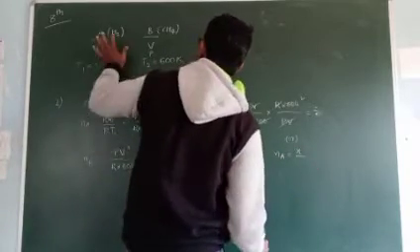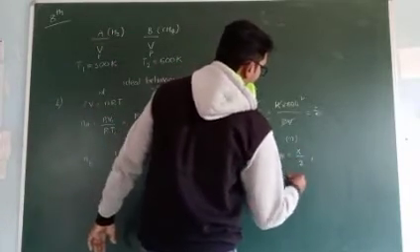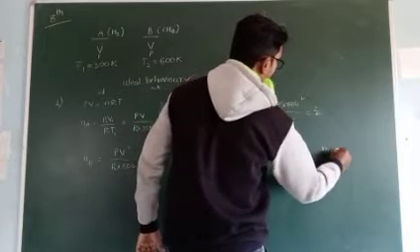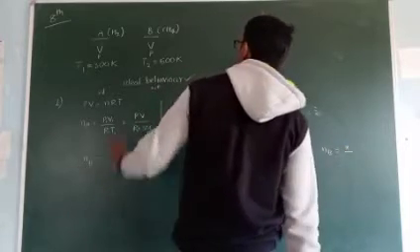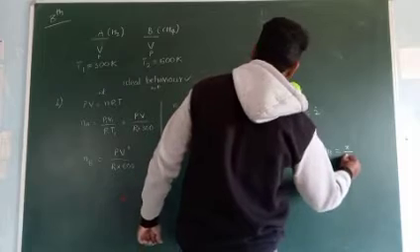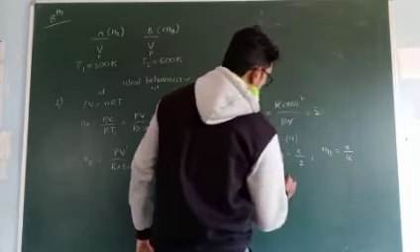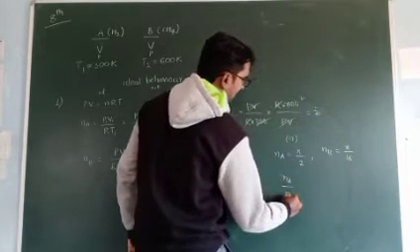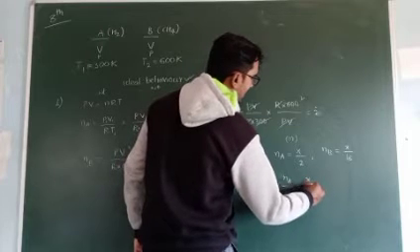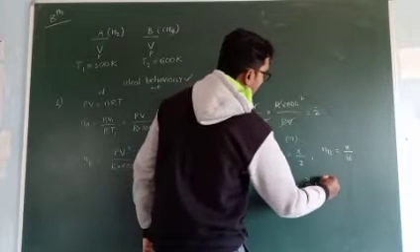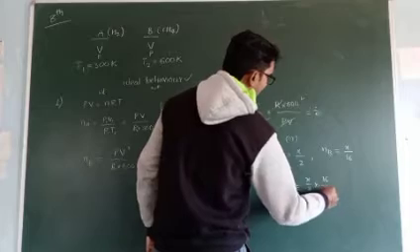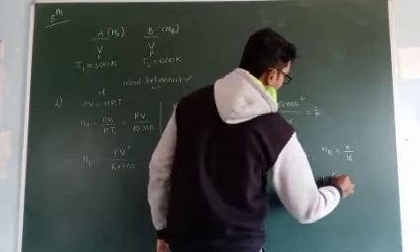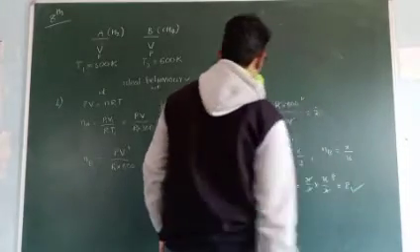A is hydrogen, so molecular weight is 2. NB is weight x and molecular weight of CH4 is 12 plus 4, 16. Then Na by Nb is x by 2 into 16 by x. So x cancels, 2 ones are 2, 8. This is equal to 8.